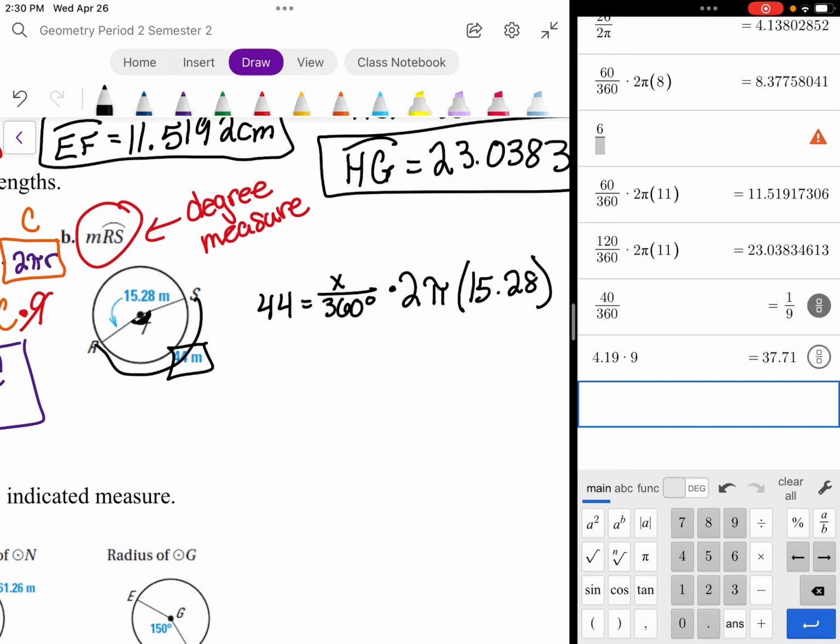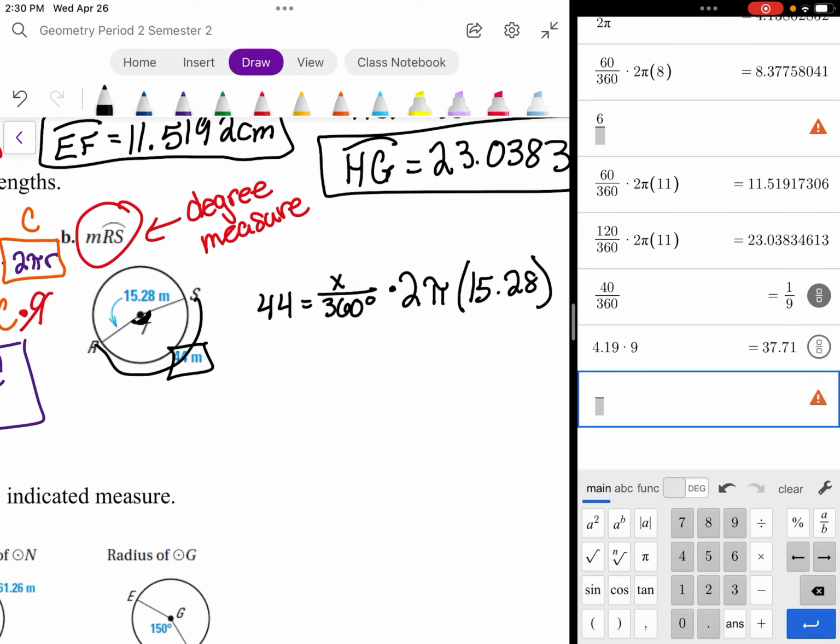We need to get x by itself. So we can start by dividing both sides by 2 pi times 15.28. And we're going to put that whole thing in parentheses when we type it into our calculator.